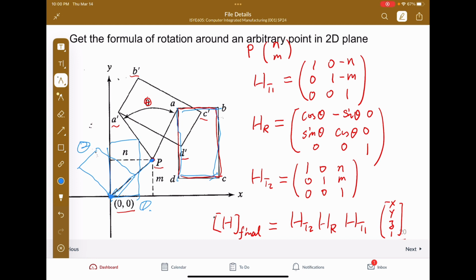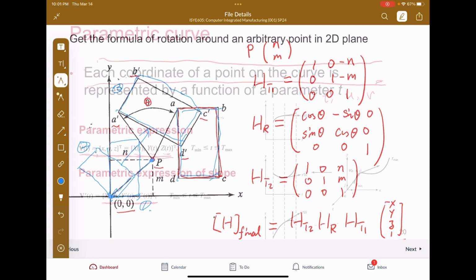And after that, we do another translation to move it back and get the final position we want, which is step 3. So this is also, I believe, question 4 in your homework. So this is how you treat this kind of thing.